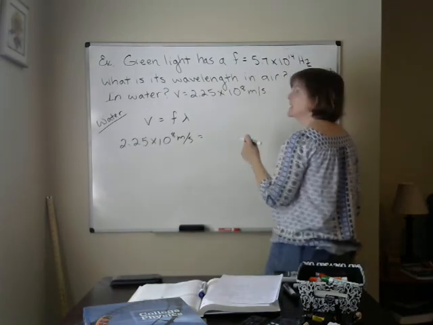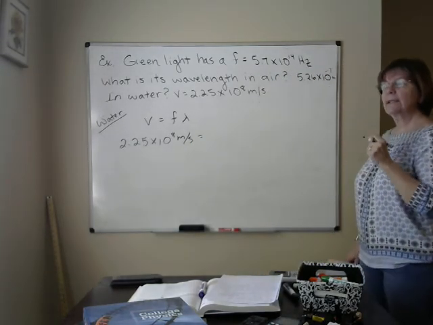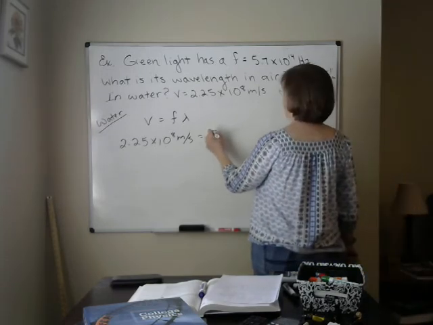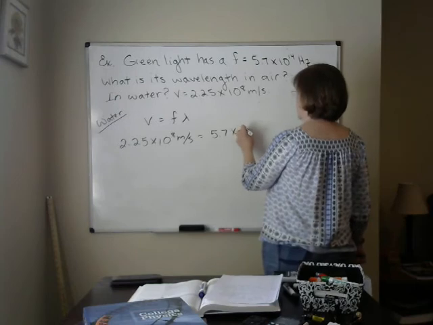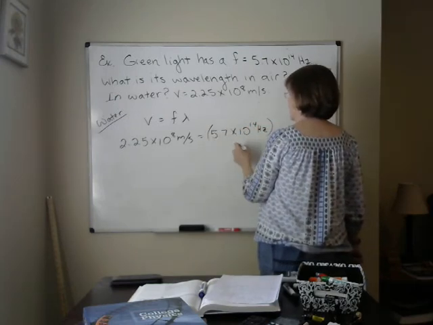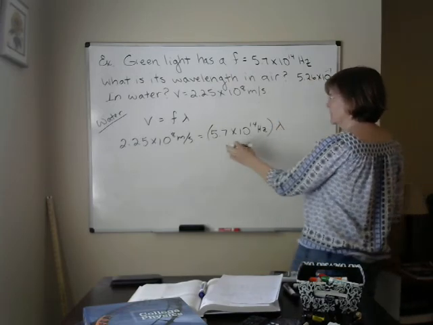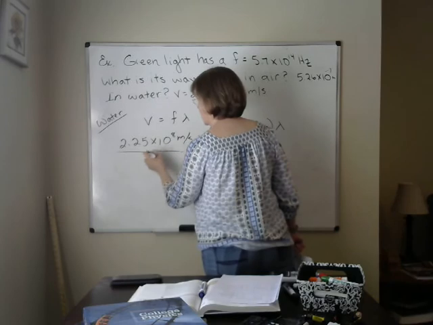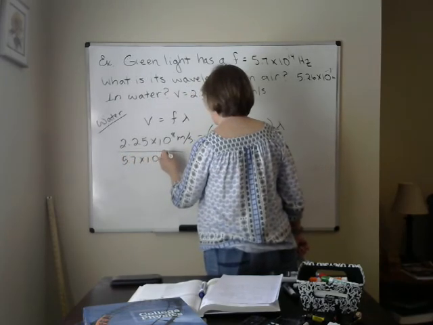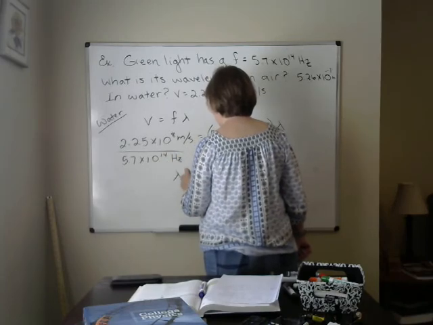The frequency of the light does not change. Frequency does not change when you change medium. So 5.7 times 10 to the 14th hertz times the wavelength. So I need to get this wavelength by itself, so it's this divided by this. And that's going to give me my new wavelength.